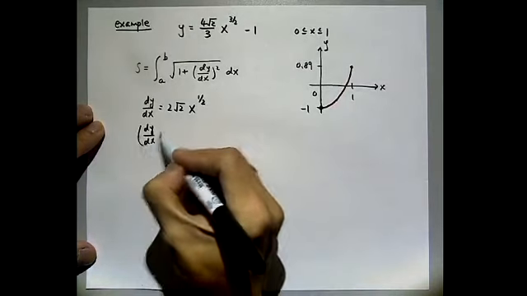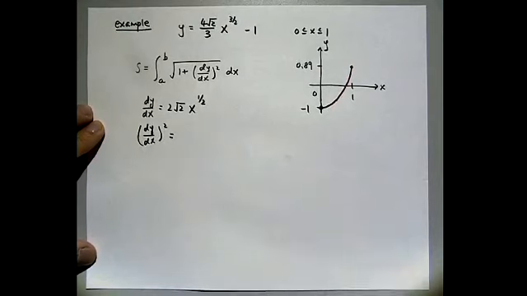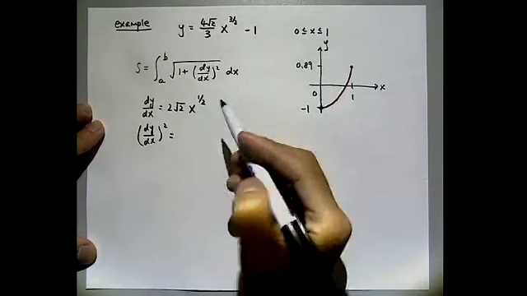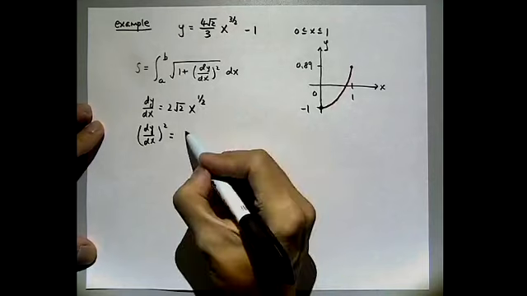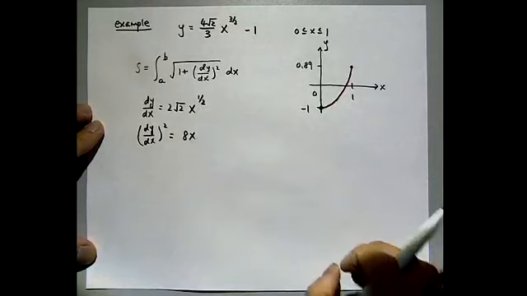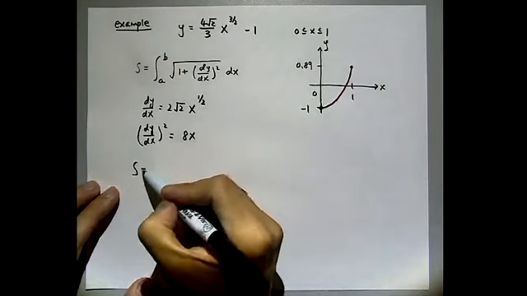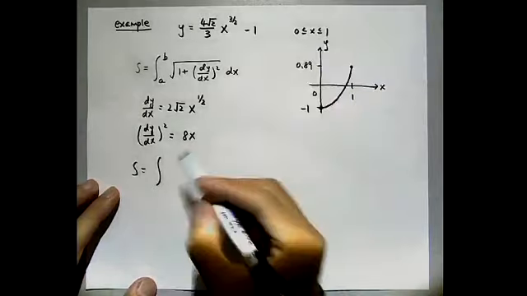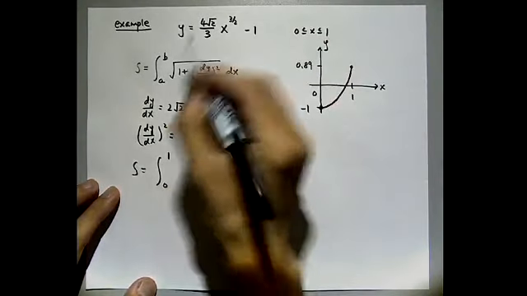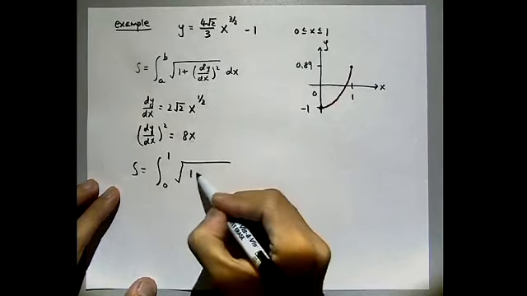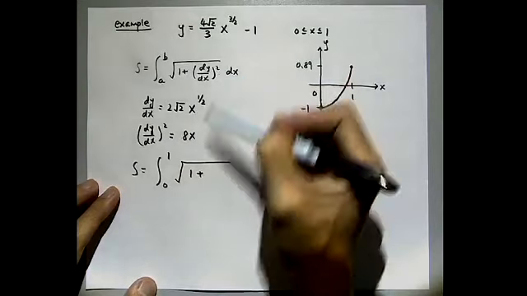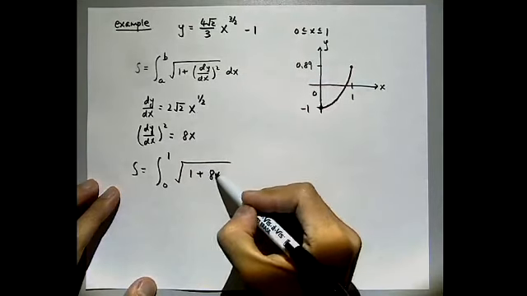I need that squared. So I get 4 times 2, that's 8. And then x to the 1/2 squared is x. Okay, and then integral of 0 to 1, radical 1 plus dy dx squared, right here.